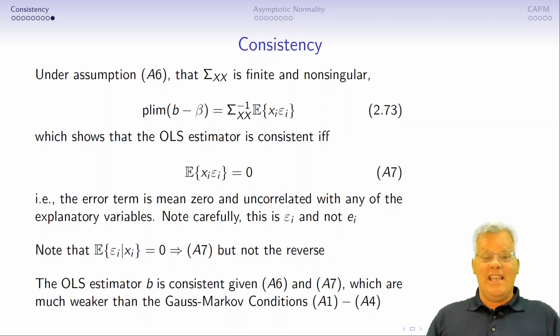These conditions, A6 and A7, are the minimum conditions necessary to show that as the sample size goes to infinity, b collapses upon beta. So the conditions necessary to show consistency, which is a large sample property, are much weaker than the conditions necessary to show that OLS is a minimum variance unbiased estimator.